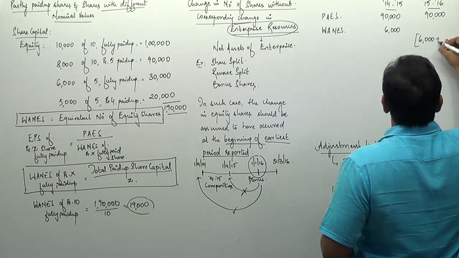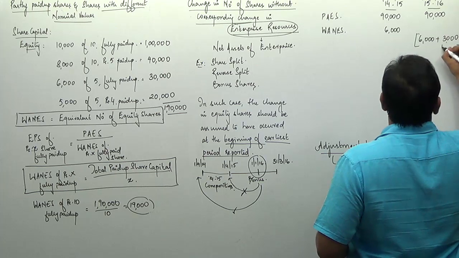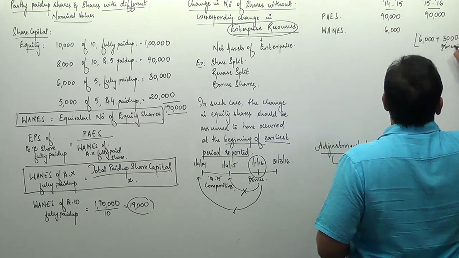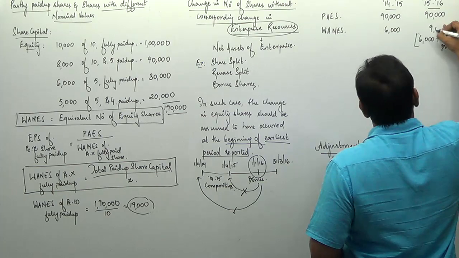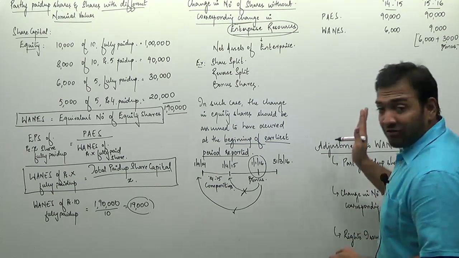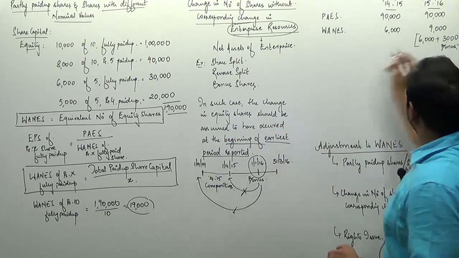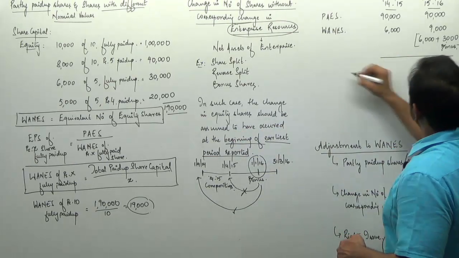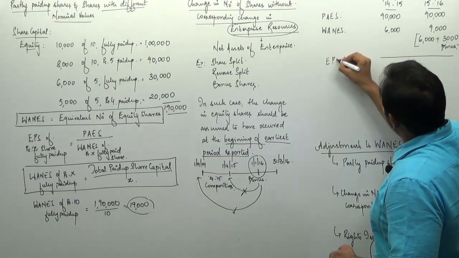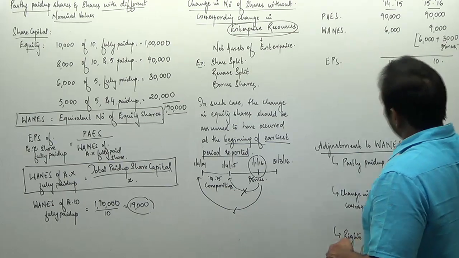It was 6,000 plus the 1:2 bonus, that is 3,000 given by way of bonus, so I will take the weighted average number of equity shares as 9,000. If I am not adopting this particular scheme, what is the impact? Check the EPS now. EPS is 15 in one year but only 10 in the other.